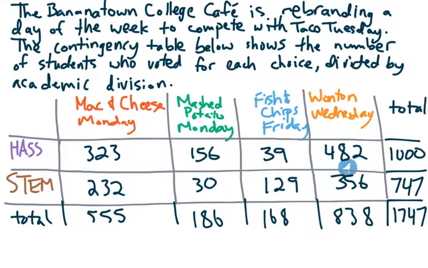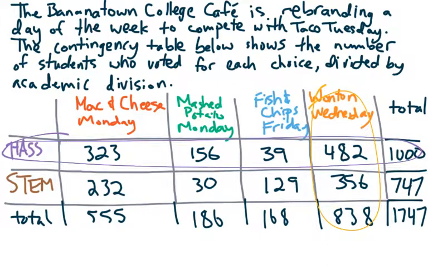are represented by this cell here, the Wonton Wednesday column and the Haas Humanities, Arts, Social Sciences row. This cell corresponds to that "and." The Wonton Wednesday column and the Haas row, and we see the 482 people who are in that intersection of that column and the row.